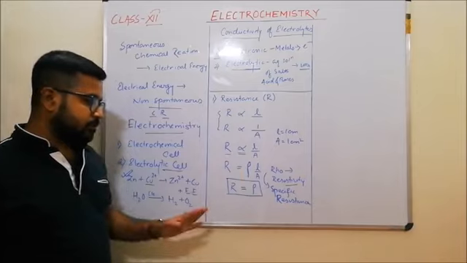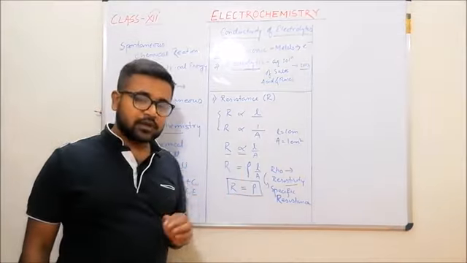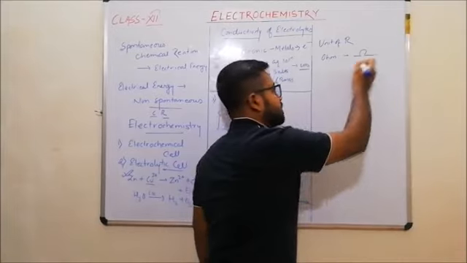Clear? Now we will see what is the unit of resistance and what is the unit of resistivity. So let's discuss resistance first. What is the unit of resistance? The unit of resistance is ohm, which is denoted like this. So the unit of resistance is ohm, which will be denoted by this symbol.